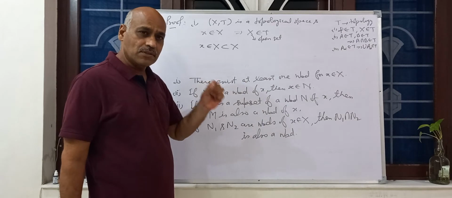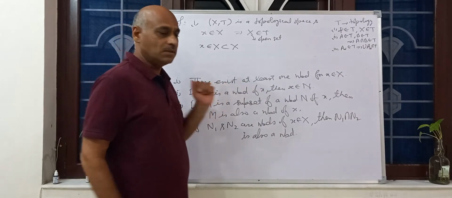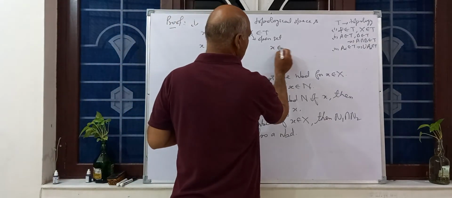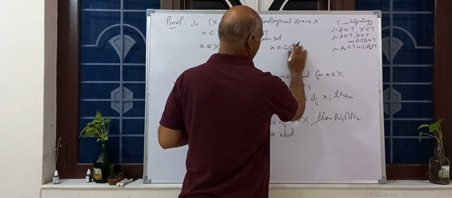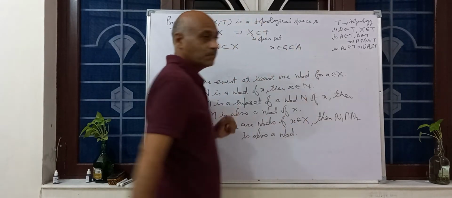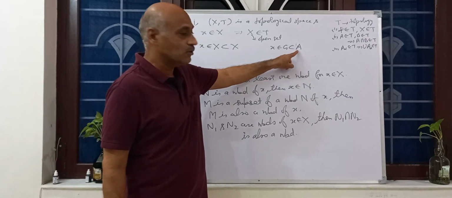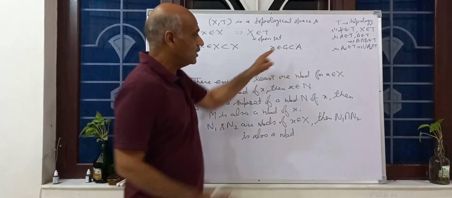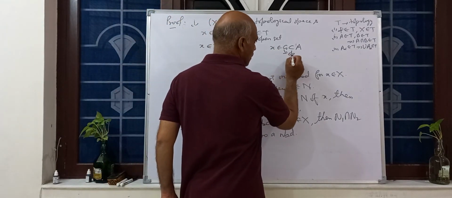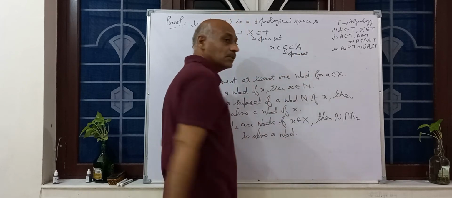So what is the definition of neighborhood? Neighborhood means: x belongs to G, subset of A, then A is said to be a neighborhood. What is G? G is an open set.